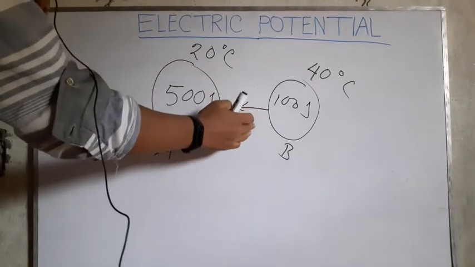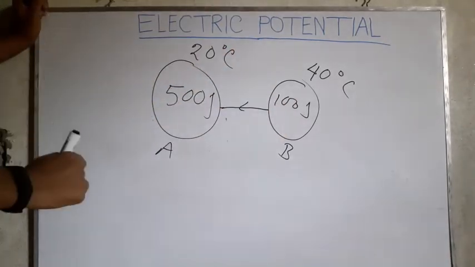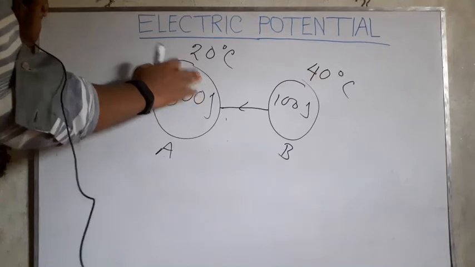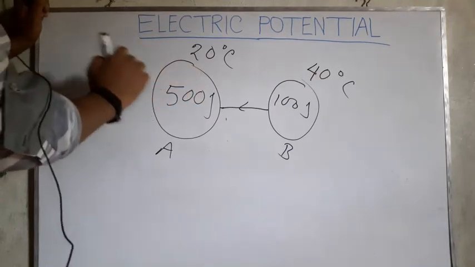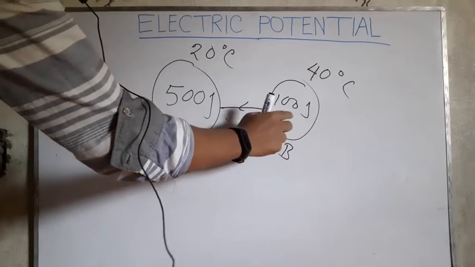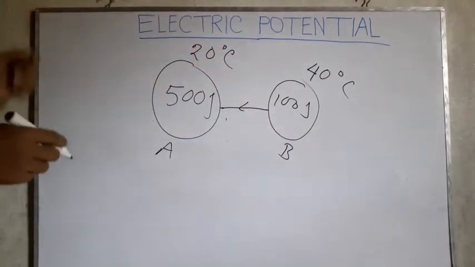Therefore, heat always flows from higher temperature region to lower temperature region. It is a hot body and comparatively it is a less hot body. Therefore, heat will flow from body B to body A.